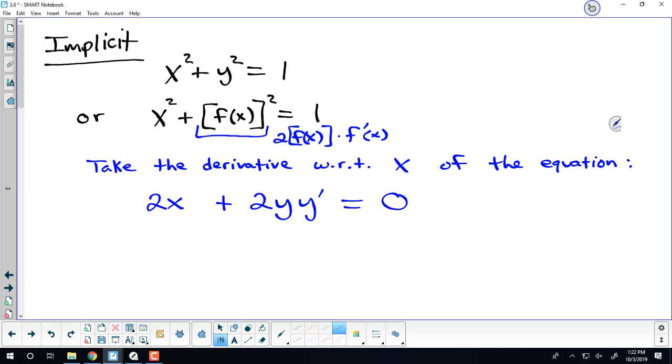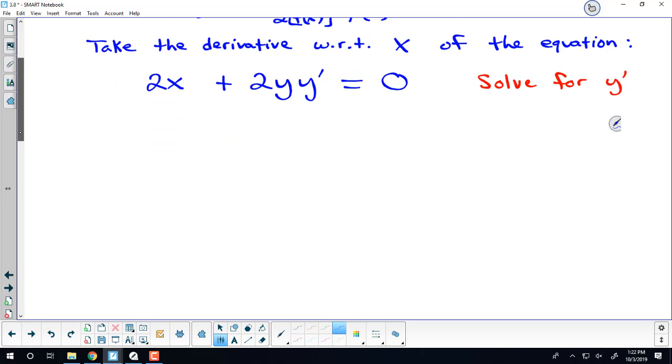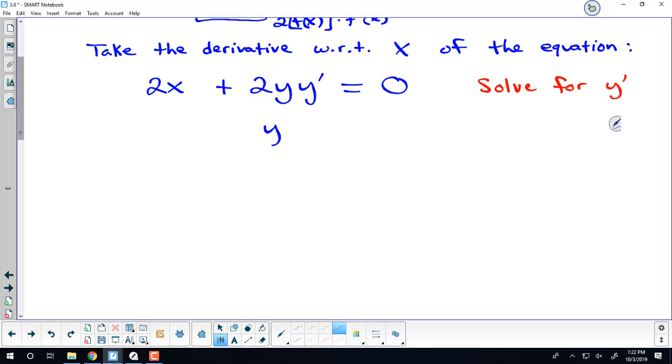But all we need to do at this point is solve for y prime, because we want to know what the derivative is. Whatever, subtract 2x, divide by 2y, or divide by 2 first, however you want to get there.